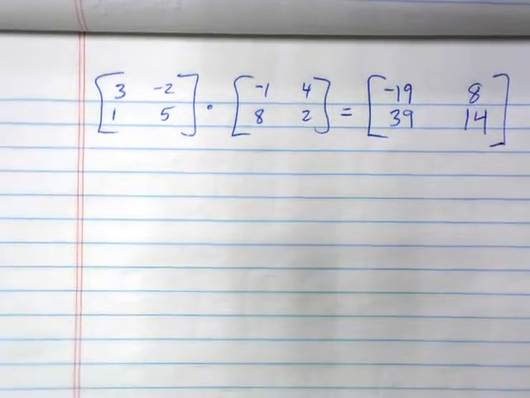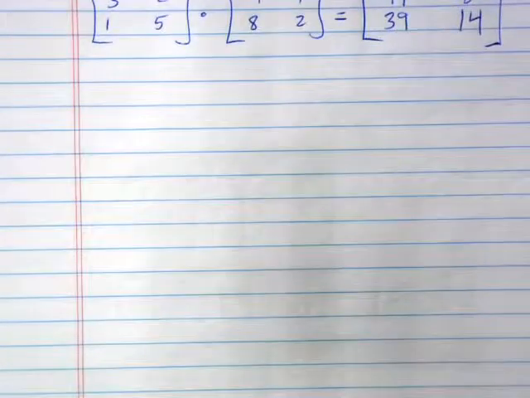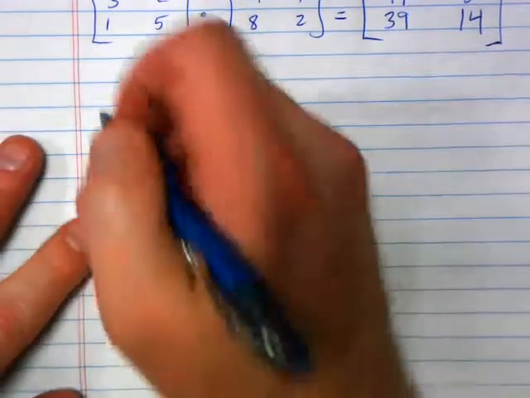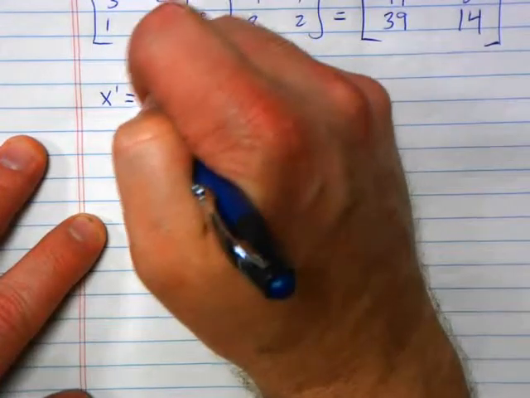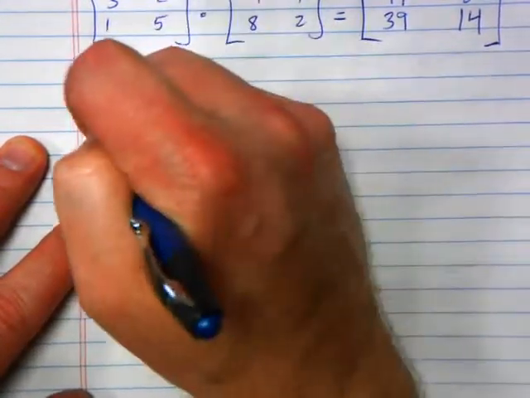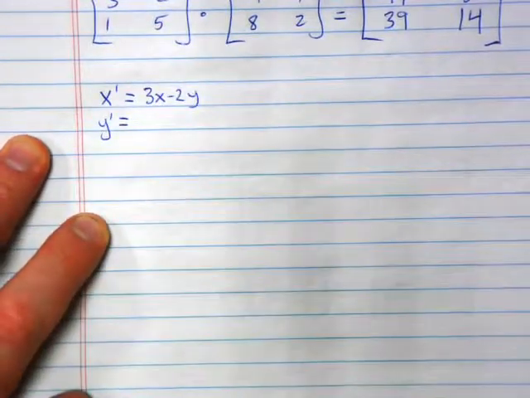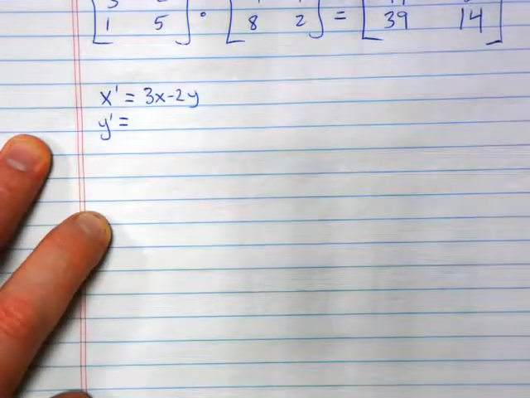All right, well, what we're going to use matrices for in this class is we're going to rewrite systems of equations using matrices. So for example, I might give you, steal one out of the book here, x prime equals 3x minus 2y, and y prime equals 2x plus y.